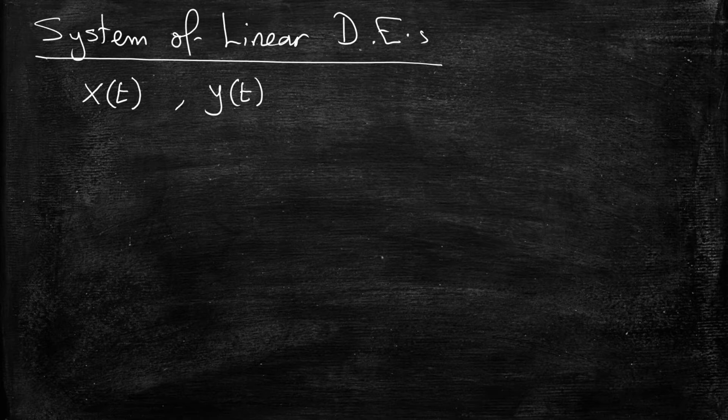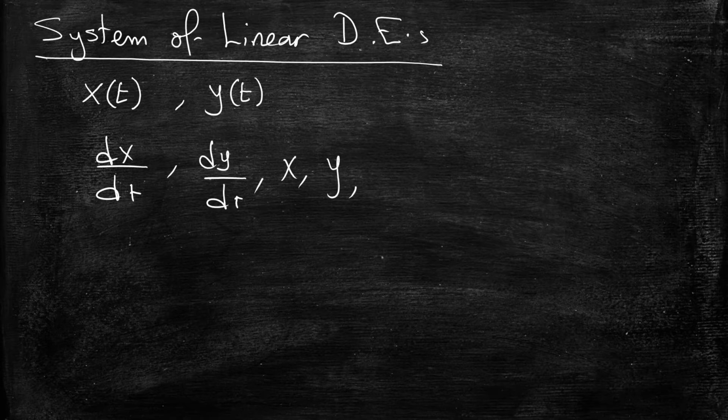We can have two, three or four of these linear differential equations. Here x and y have parameter t. So we have dx by dt, dy by dt, x and y, and also t, which is the independent variable. This can be one equation.